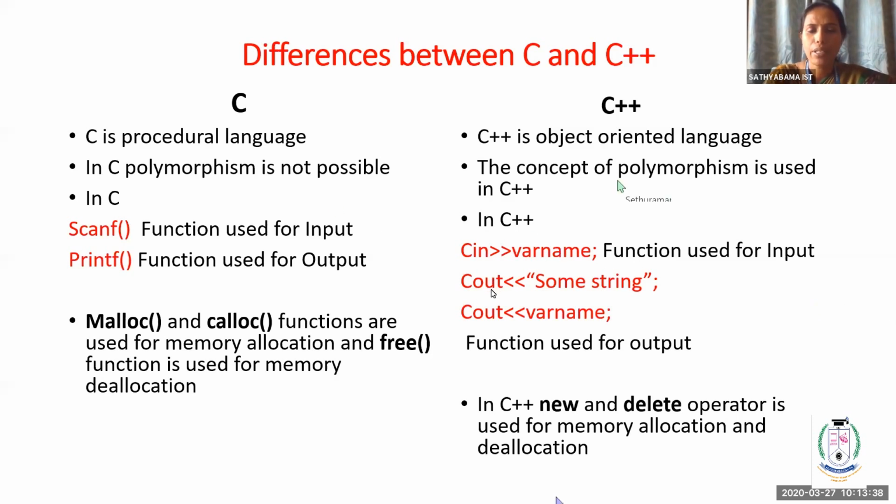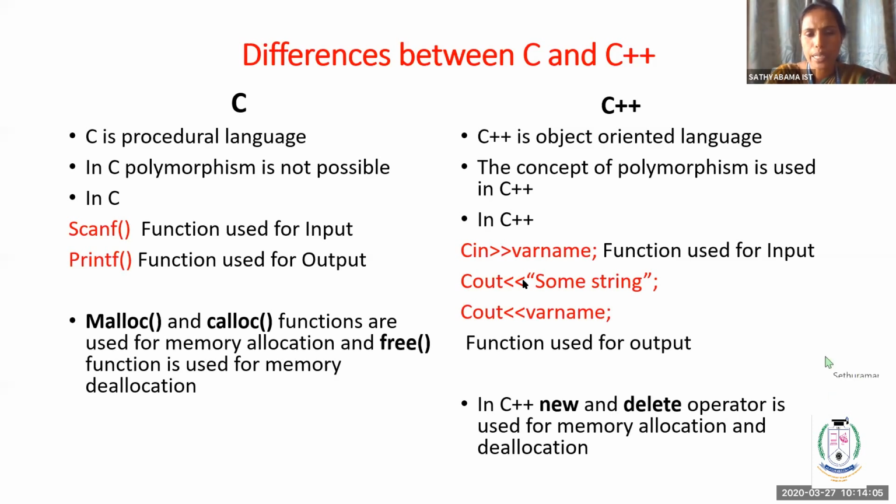Similarly, if you want to display the output, we use the object called cout, or the cout statement. This symbol is called the insertion operator, and the cout symbol is the extraction operator, and for cin we call it the insertion operator.